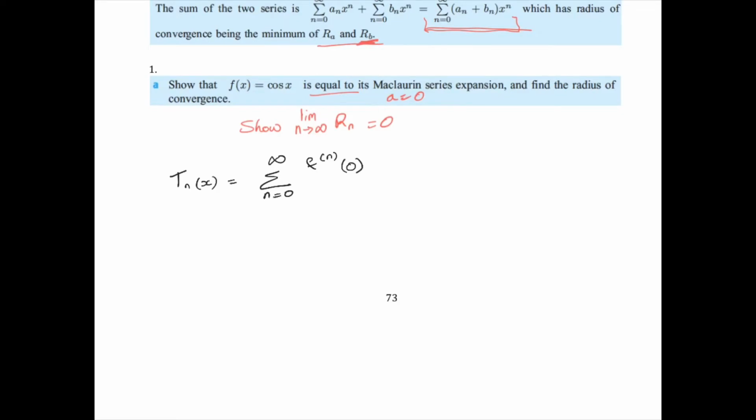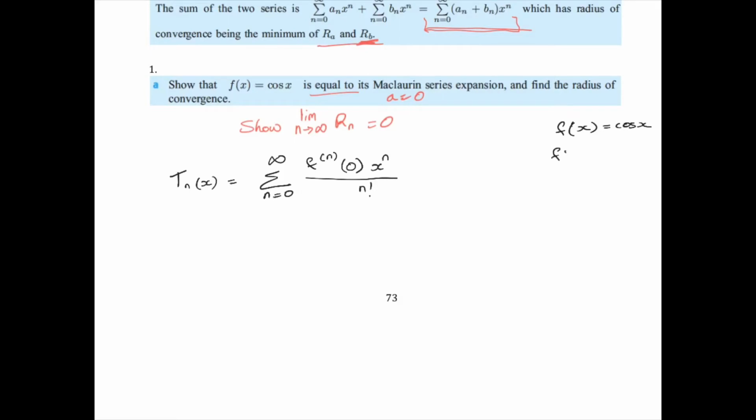So I put that 0, times x to the n over n factorial. So let's have a go. First of all, let's do some derivatives. So f(x) is cos x.